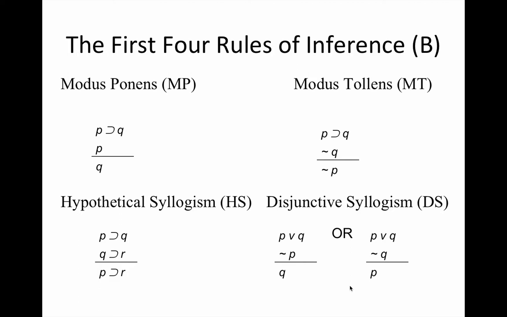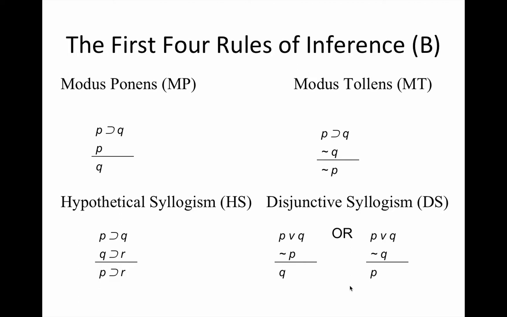Now take a look at modus tollens, or the mode of denial. Here again, any statement in the universe that's governed by a conditional, and then any statement in the universe that is a rejection of the consequent of the aforementioned conditional, is going to yield a rejection of the left side.